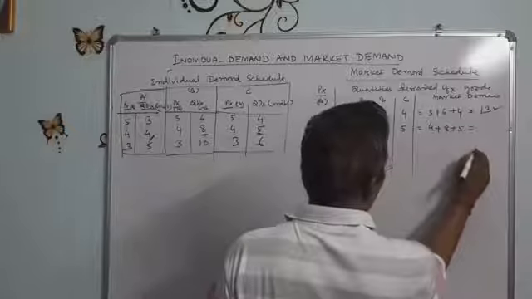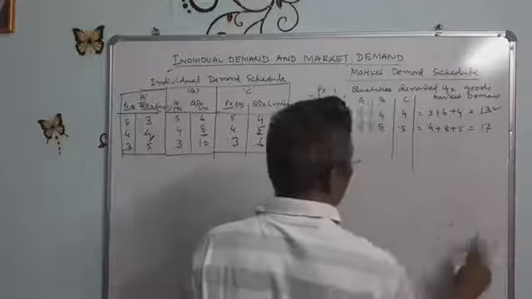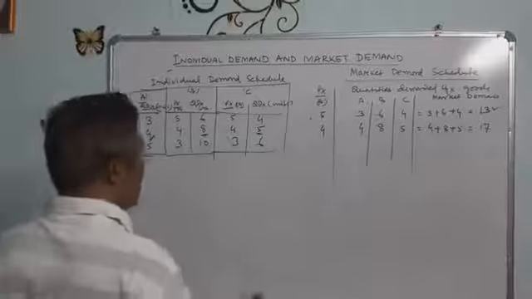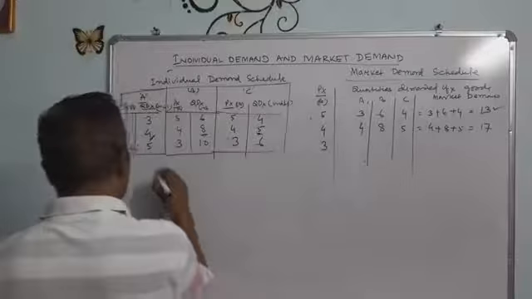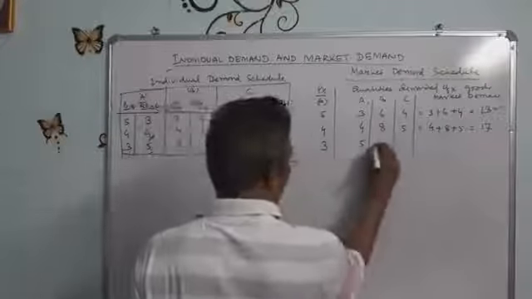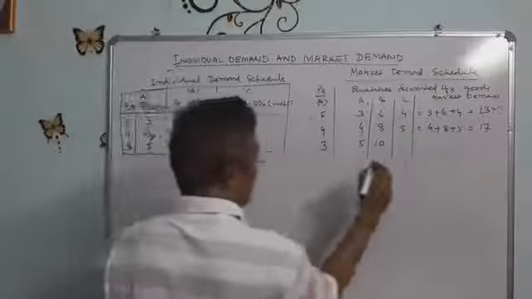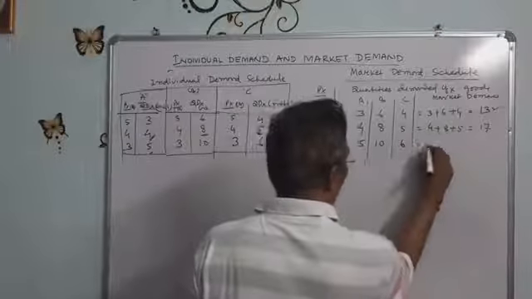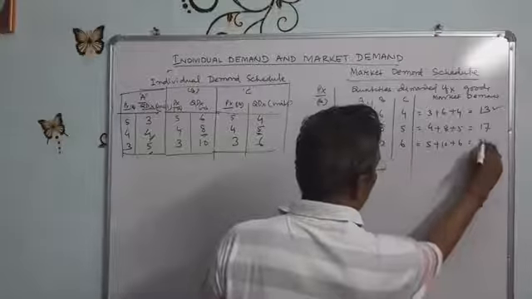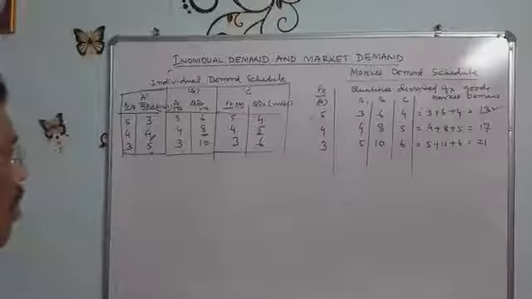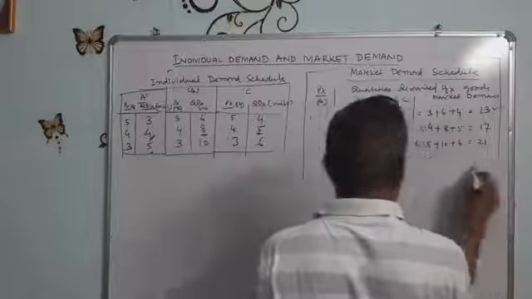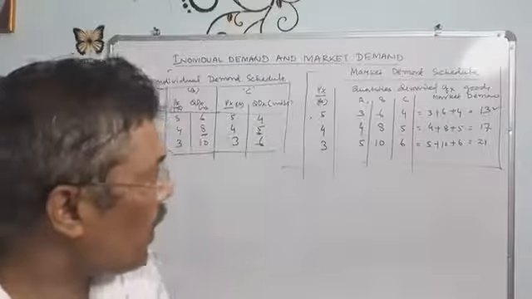At 3 rupees, A's demand is 5, B's demand is 10 and C's demand is 6, equal to 5 plus 10 plus 6, which is 21. This is called the market demand schedule.